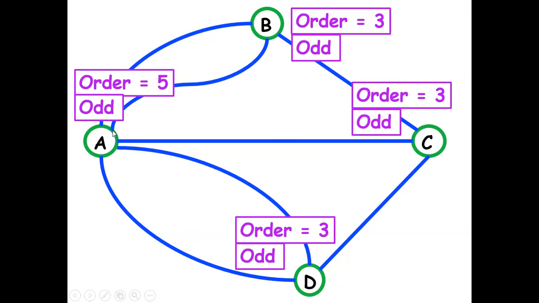We could start at node A, walk over every bridge once and only once, and end up at node B. So that's one way we could do it.